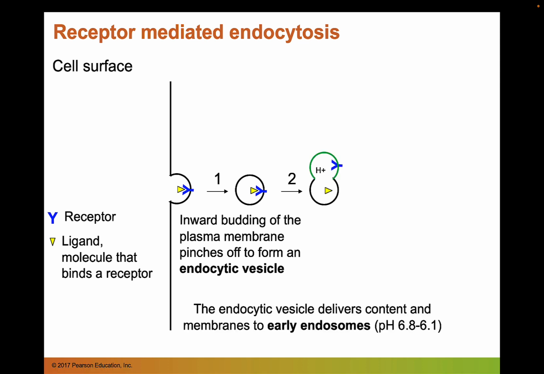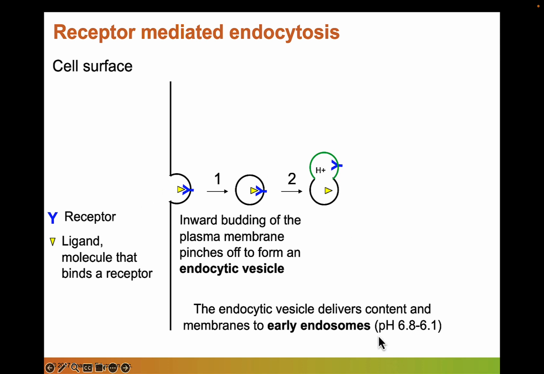The next step is that this vesicle traffics on the cytoskeleton, and it arrives at this early endosome. Now this endocytic vesicle delivers both its contents and its membrane. So I'm showing this black part here fusing with this early endosome. And this early endosome has a relatively lower pH than does the cytosol or the extracellular space.